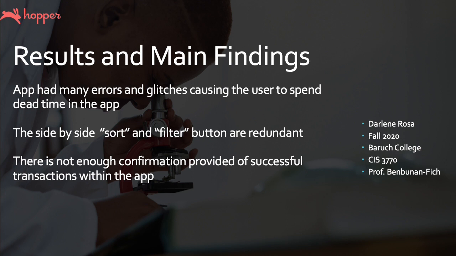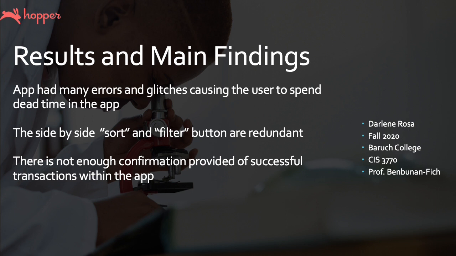A couple of the buttons, such as the sort and the filter option, were both redundant because it created confusion in the user as to which button to select and how to sort the results. The user was also unable to complete his booking process because the app did not present an option to open an account with an email in order to book the flight.